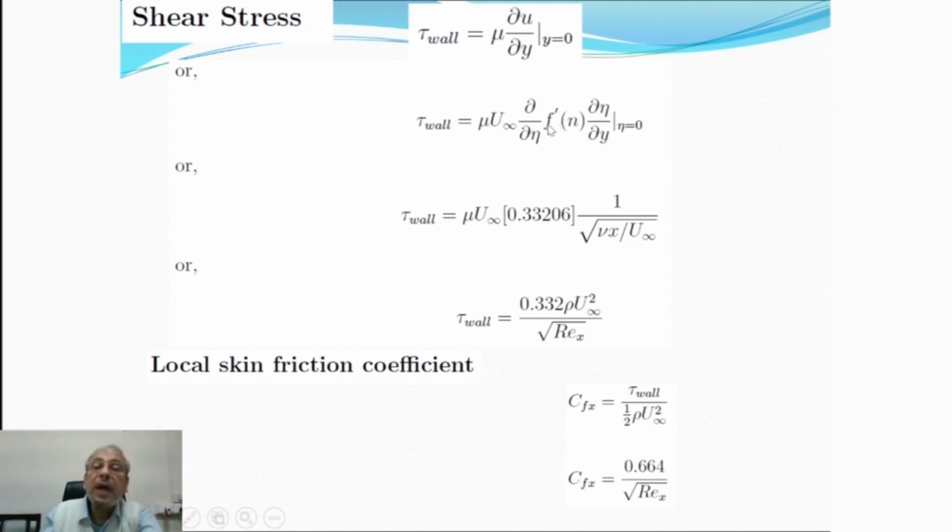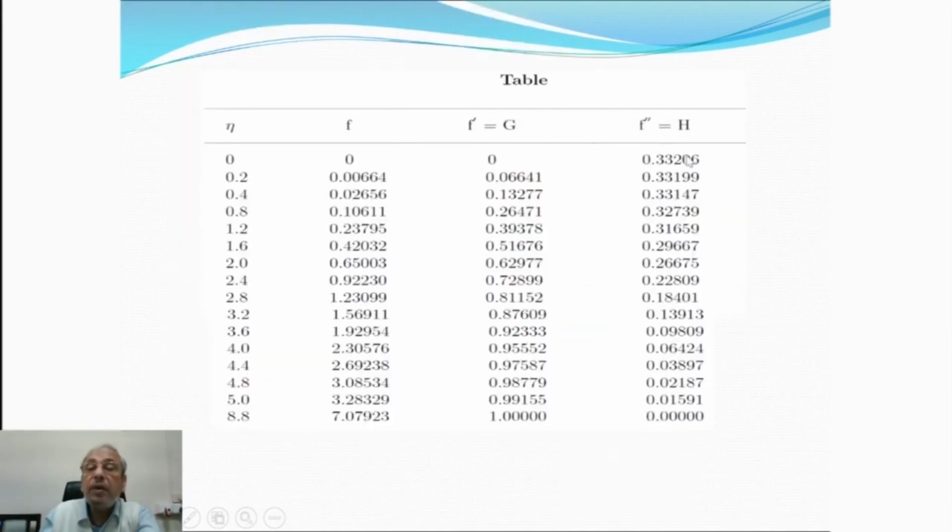And f prime eta at eta equal to 0, that means f double prime eta at eta equal to 0, is 0.33206.